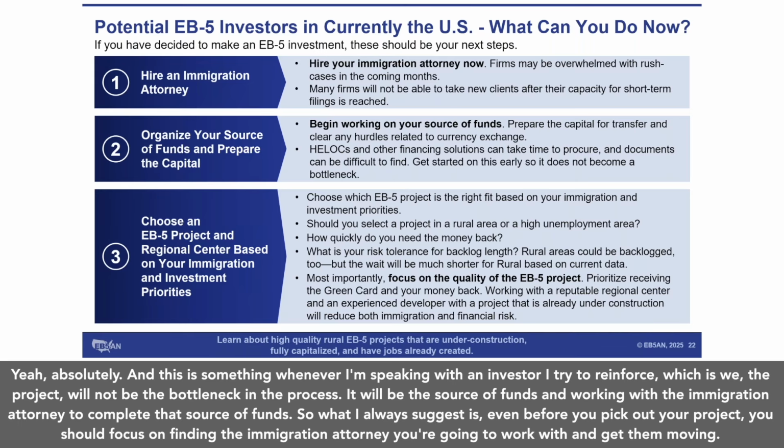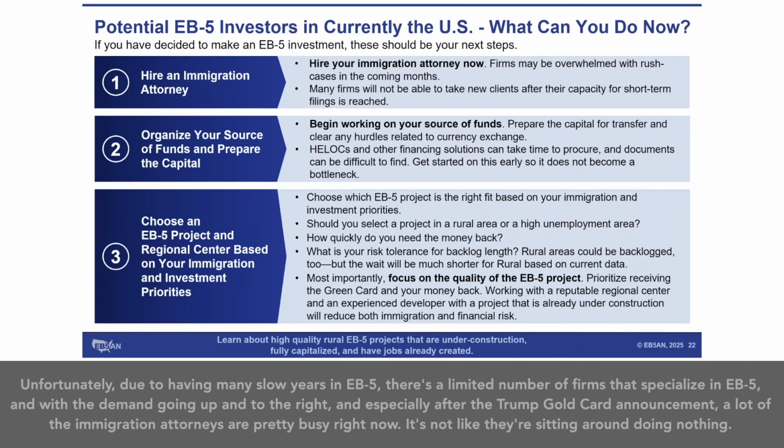Yeah, absolutely. Whenever I'm speaking with an investor, I try to reinforce that the project will not be the bottleneck in the process. It will be the source of funds and working with the immigration attorney to complete that source of funds. So what I always suggest is even before you pick out your project, you should focus on finding the immigration attorney you're going to work with and get them moving.